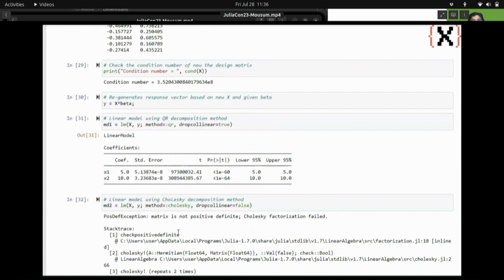So according to the Cholesky decomposition method, it is a singular matrix.